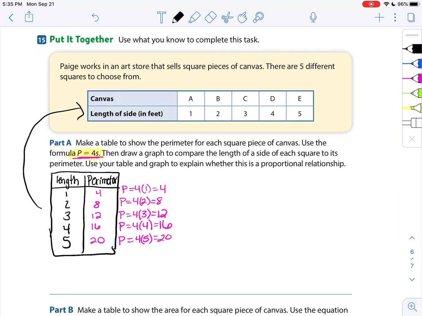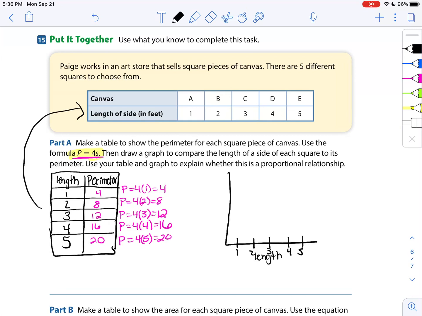Now that we have a table, we can use that table to create a graph to show if it's proportional. When you sketch a graph, you need to make sure that you have your X and Y axis labeled. We're going to label our X axis with the side lengths, and our side lengths go up 1, 2, 3, 4, 5.